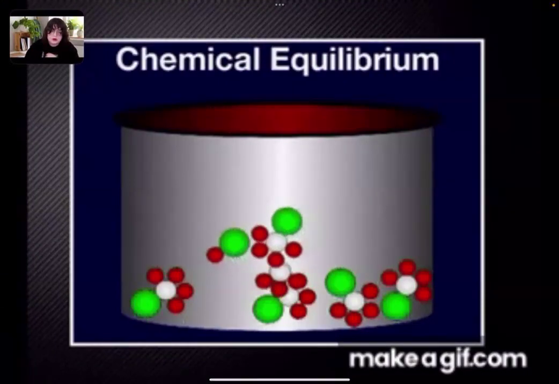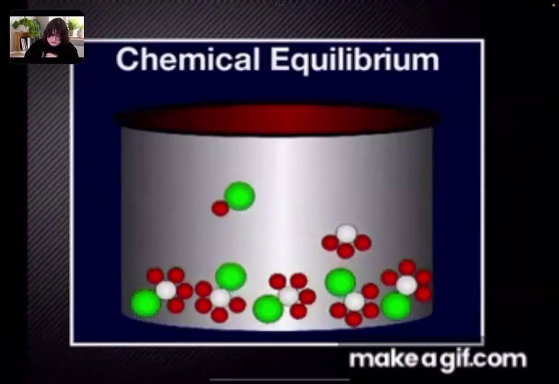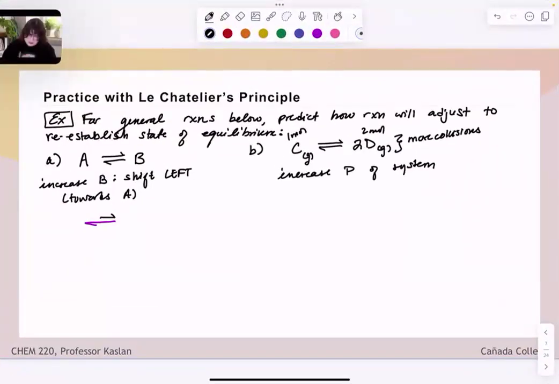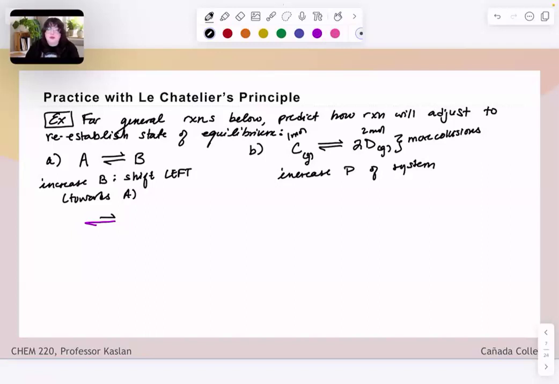They encounter one another and then form product. So if I've got a higher pressure, then I am going to shift left, or to be more specific, shift towards the side where the moles of gas is less.